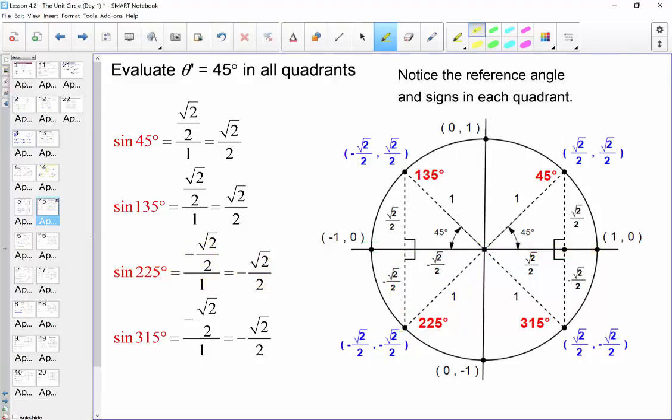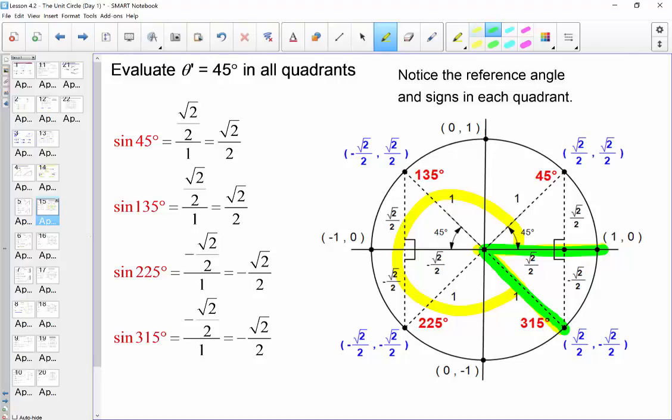Finally, we can evaluate 315 degrees, which is formed by this angle here, which is really this angle going all the way around the circle here, and then determine its reference angle, which is the difference between the terminal side of the angle and the x-axis, which is 315 degrees subtracted from 360 degrees, again, 45 degrees.